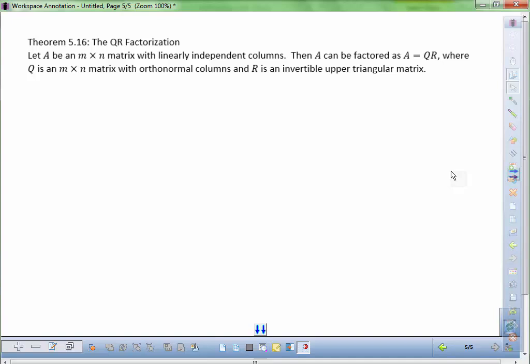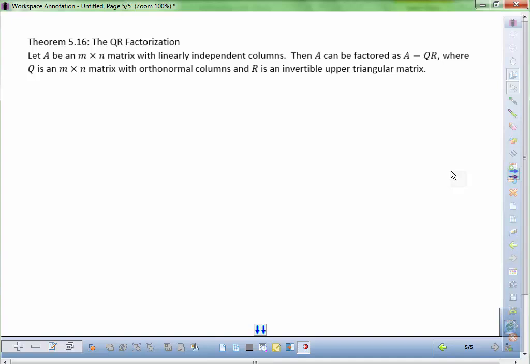So this is our big topic here. If you have an m by n matrix, notice it doesn't have to be a square matrix, with linearly independent columns, so the columns form a basis for your column space, then A can be factored into two matrices, Q and R. So what are Q and R?